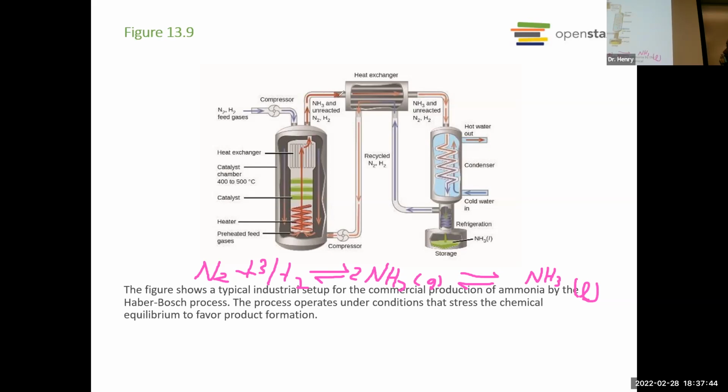So then we go through a heat exchanger. And by going through a heat exchanger, we get both of our products going through. This allows everything to get cooled down.